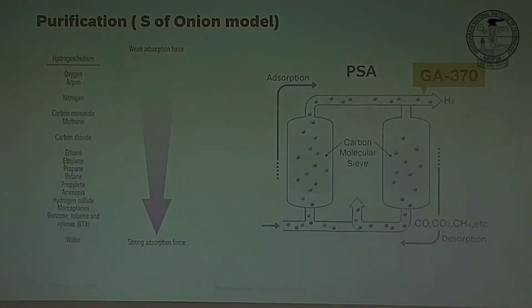So if you have, let's say, a molecular sieve, some adsorbent material, and you pass our product gas through this bed, hydrogen will not be adsorbed, and other gases will be adsorbed.